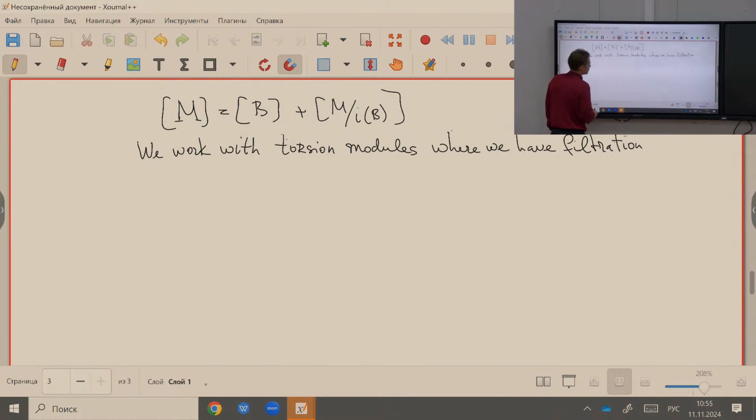So we can work with only the torsion modules where we have a filtration, and we just map the additive group to the multiplicative group, but we do not take into account that K could have a ring structure.